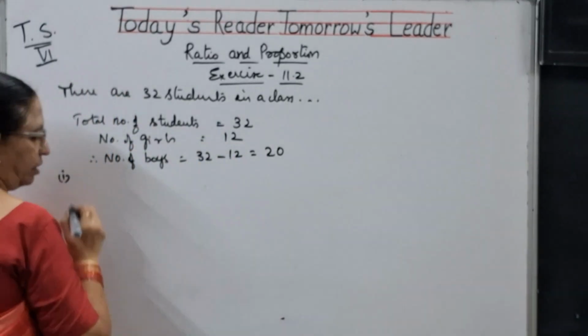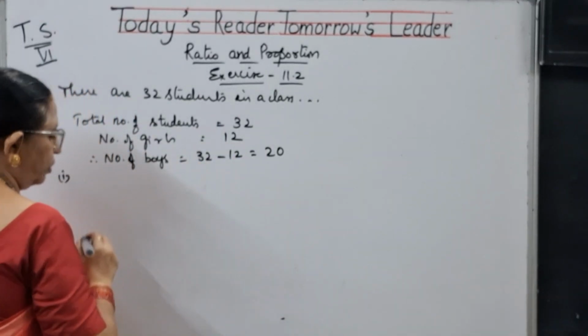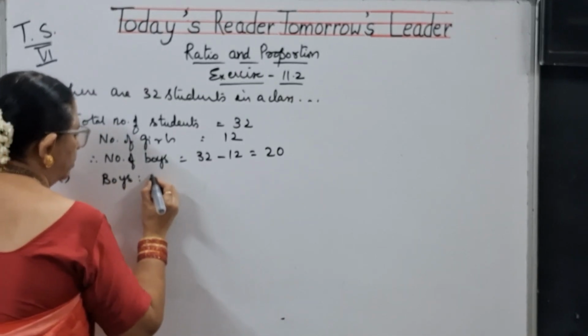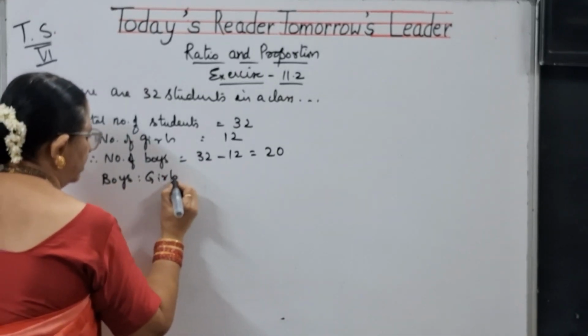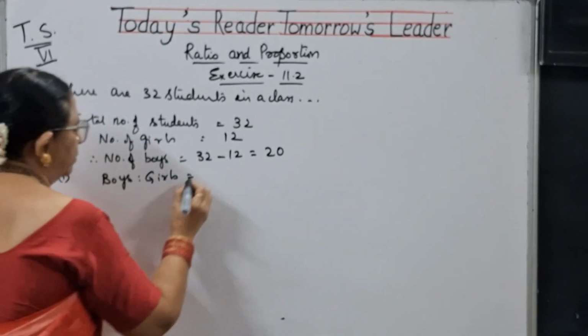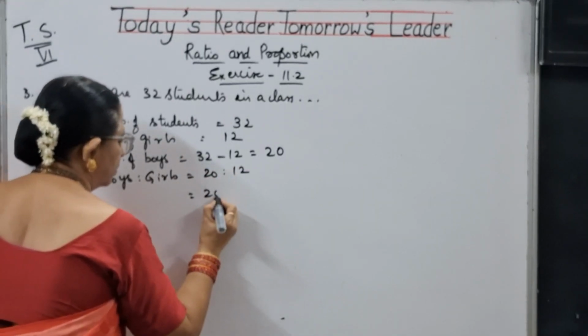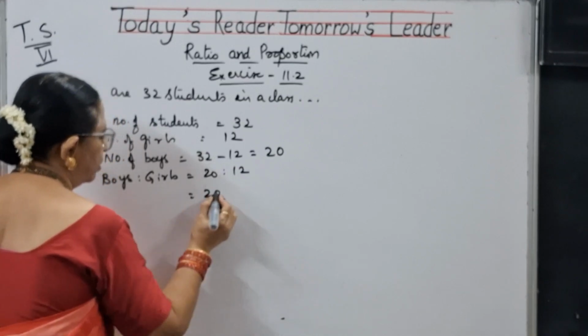So the first one is what? The ratio of boys to girls. So you need to find the boys to girls ratio. Boys are 20 is to girls are 12. That is 20 by 12.